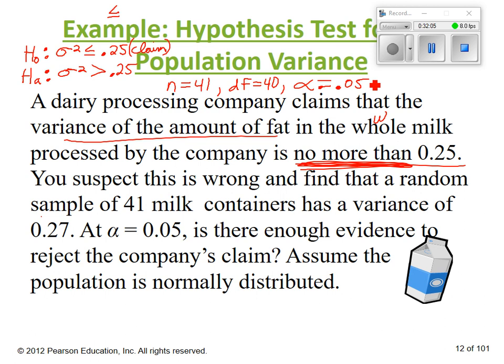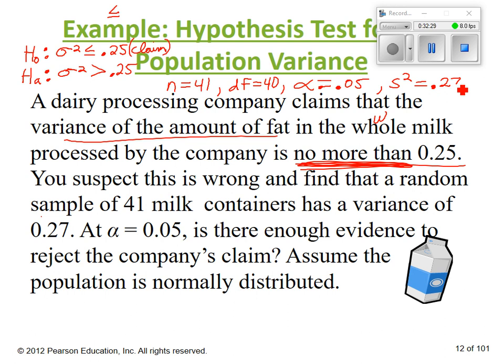And 0.27 is our S squared, that's our sample variance. So we need all those numbers. We're going to plug them into the formula to help us do all this.